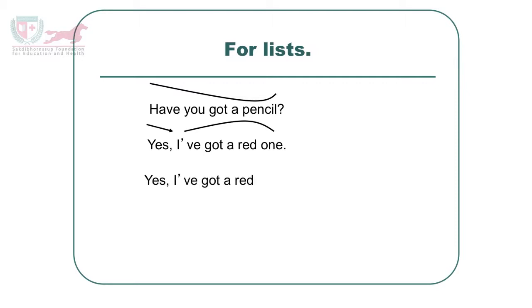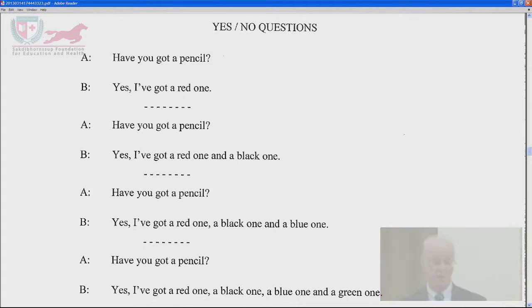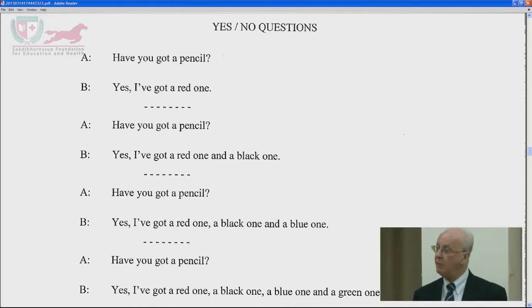Falling? Yes. I've got a red one. Red one. Falling there to show finished. And that red is the important word. So, everybody, have you got a pencil? Yes, I've got a red one.